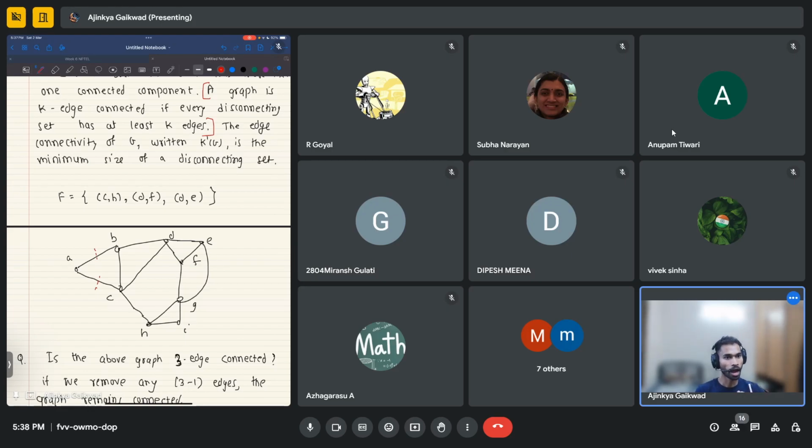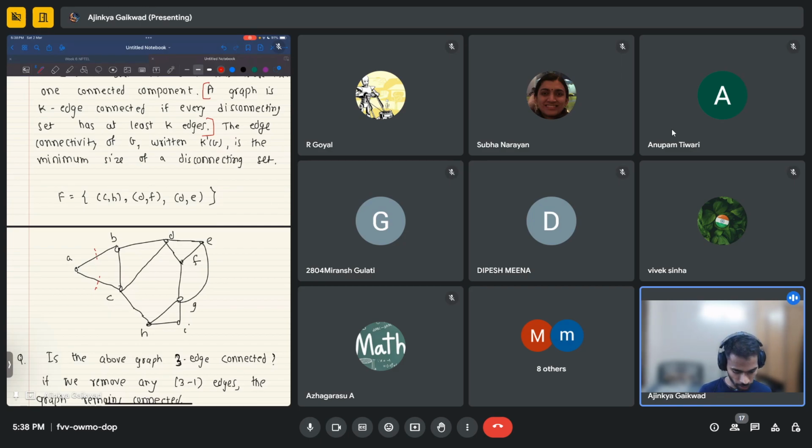The higher the k, the more highly connected the graph will be. The lower the k, the smaller the set of edges that, if I remove, the graph becomes disconnected. So the lower the k, you can find a disconnecting set of smaller size.